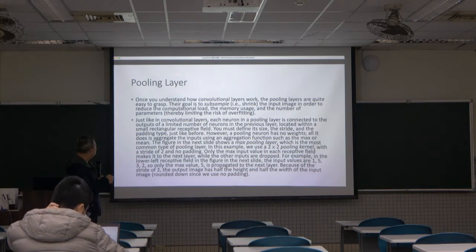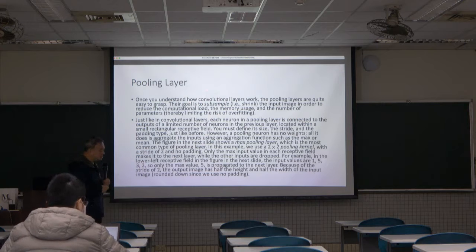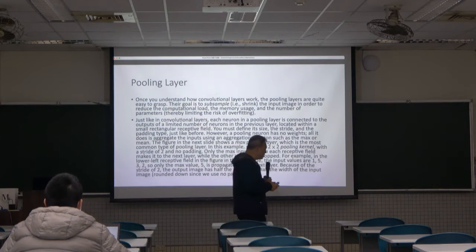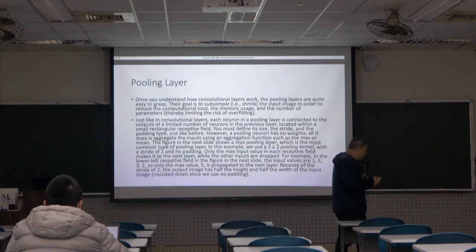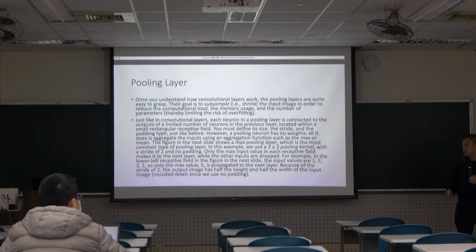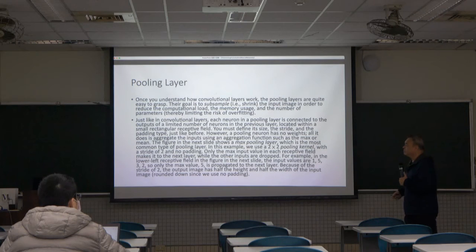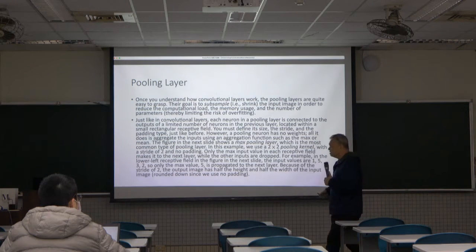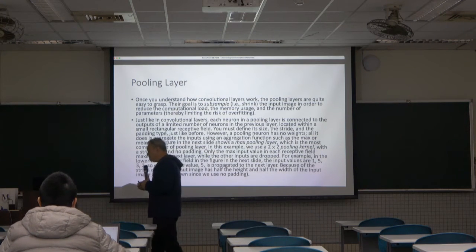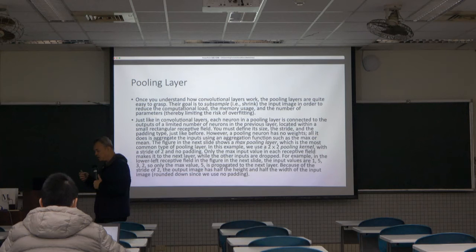The pooling layer concept is kind of similar to the convolutional layer. So once you understand the convolutional layer, it shouldn't be difficult to understand the pooling layer. And to be honest, the pooling layer has a much easier function than the convolutional layer.